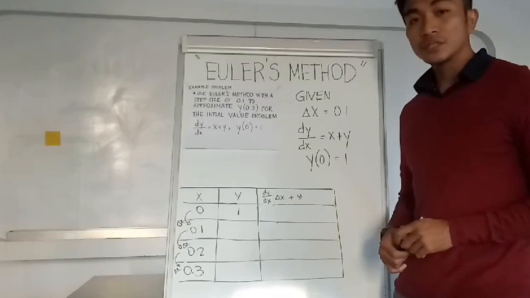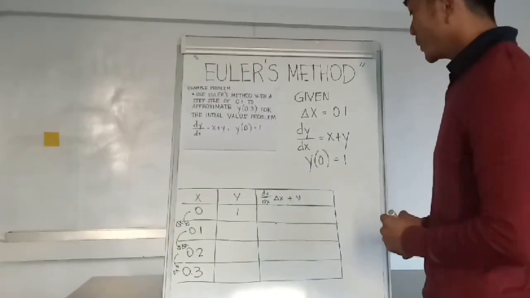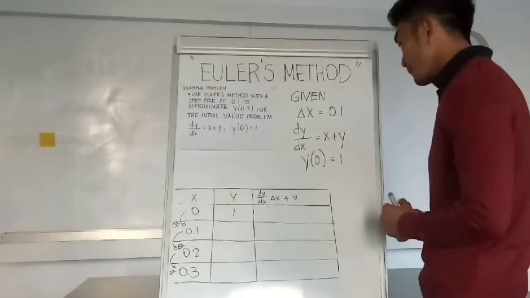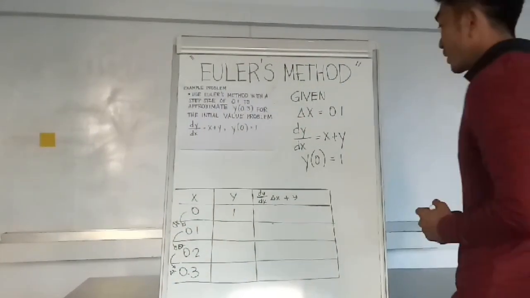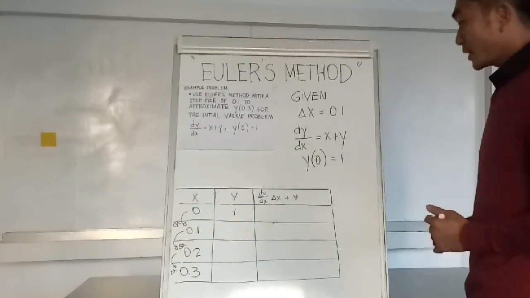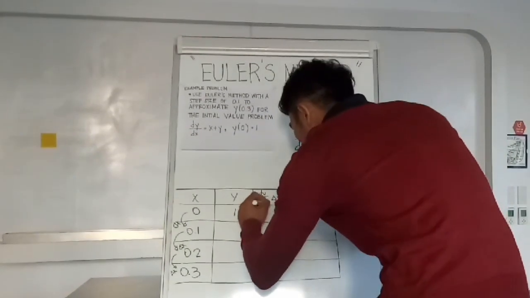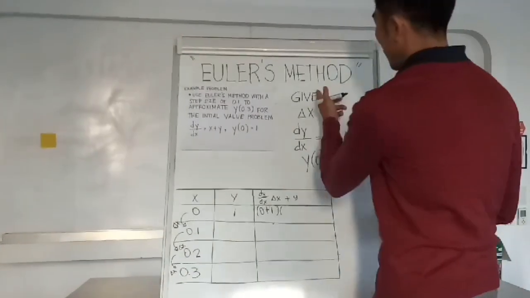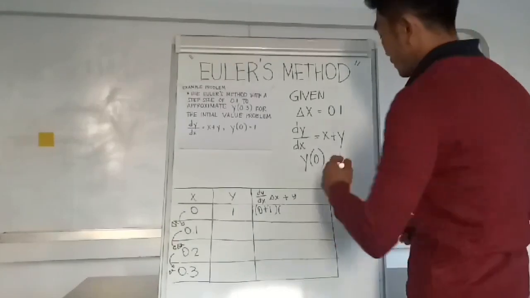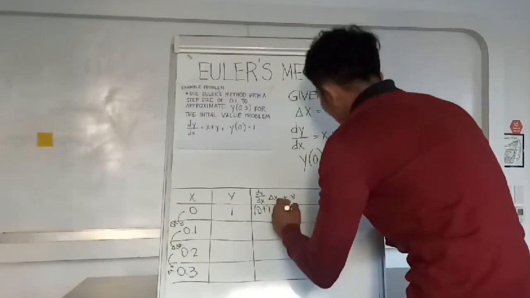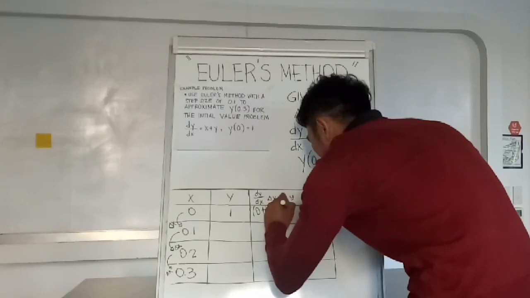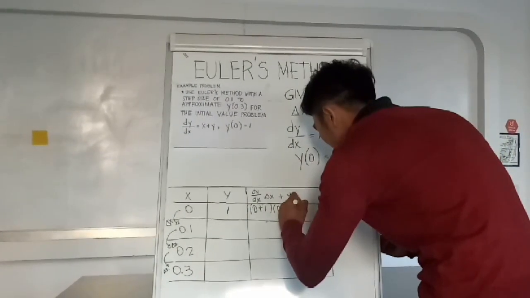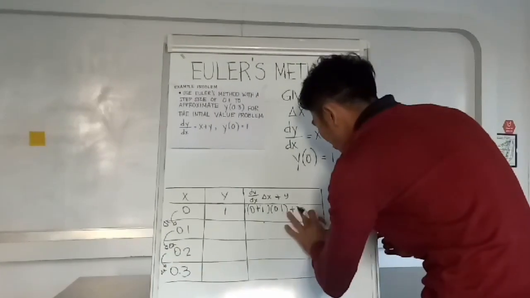When x is equal to 0 and y is equal to 1, we will get the value of y when x is equal to 0.1. So dy/dx is x plus y, so 0 plus 1, multiplied by the step size, which is delta x, 0.1, and we add the current value of y, which is 1.